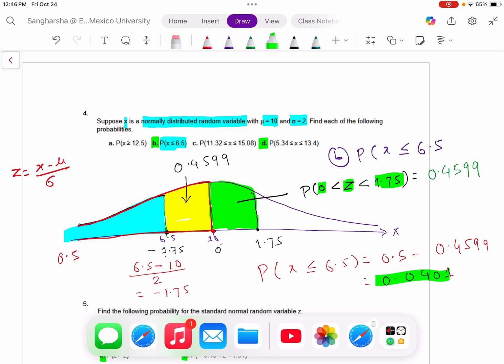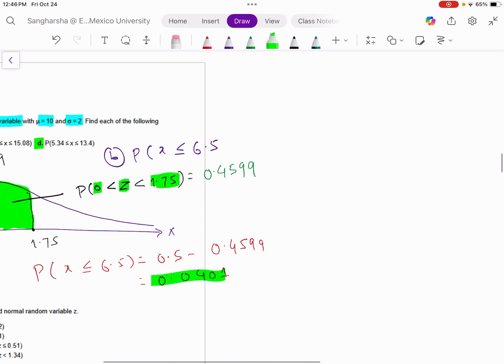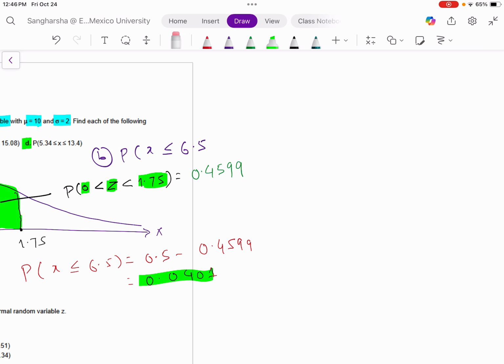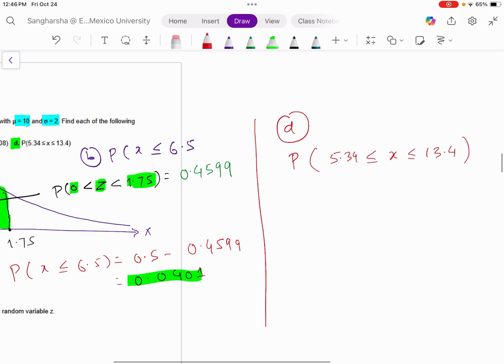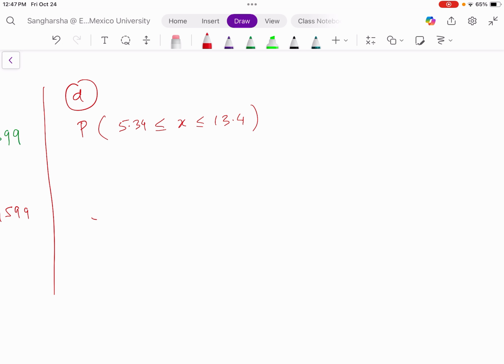Okay, next, part D. In part D, we are asked to find the probability that our x is between 5.34 and 13.4. It's very similar. We are still using the normal distribution. So let's start with a bell-shaped curve.